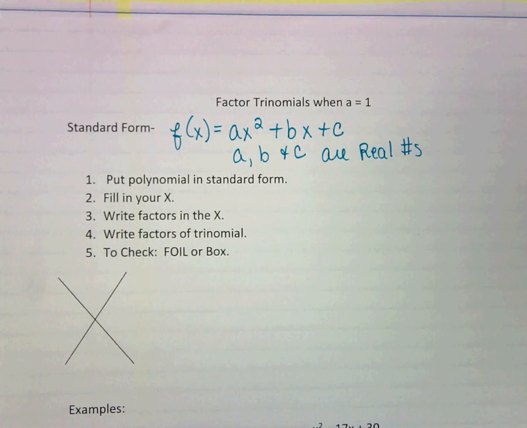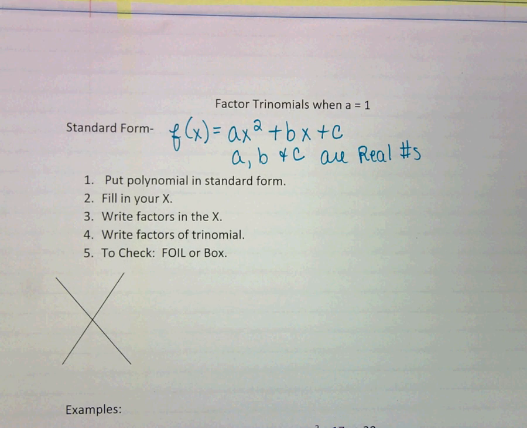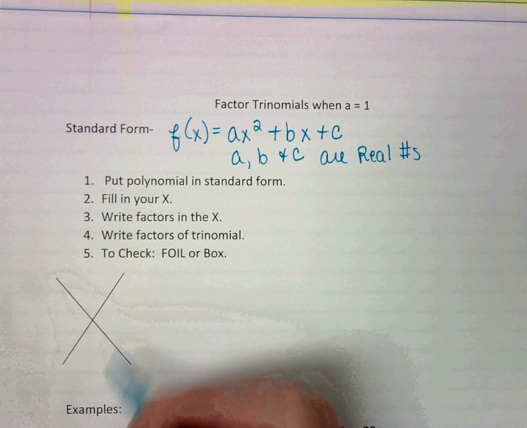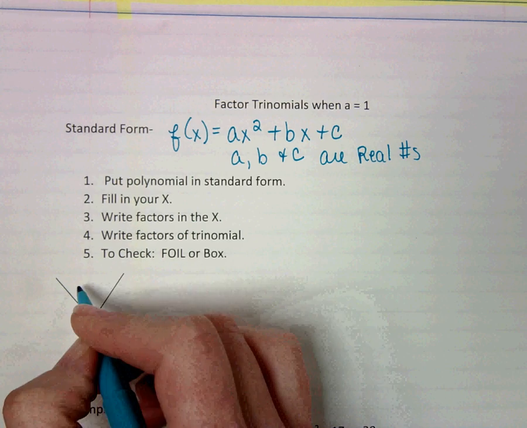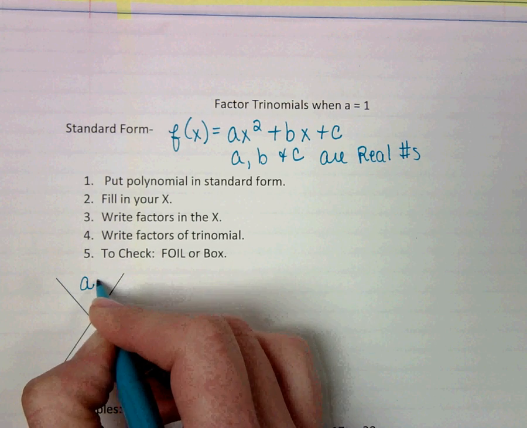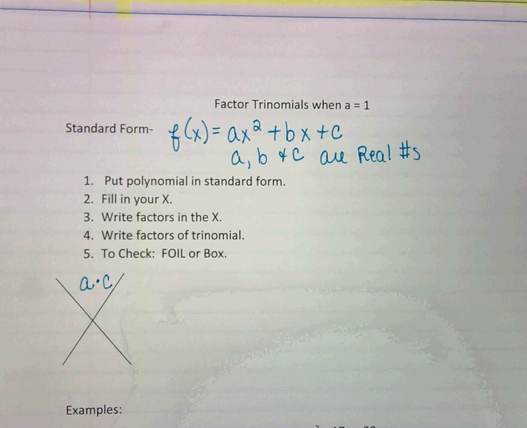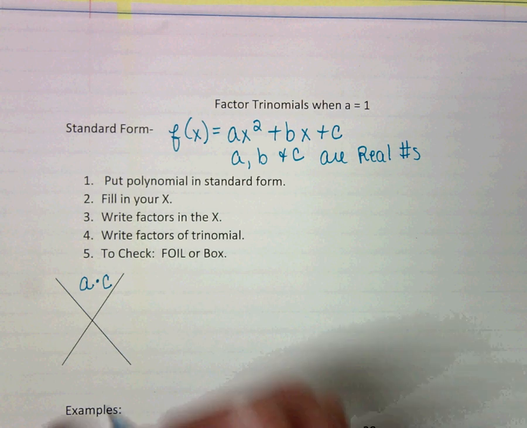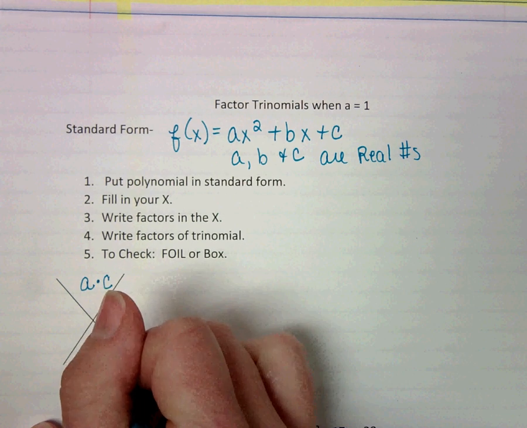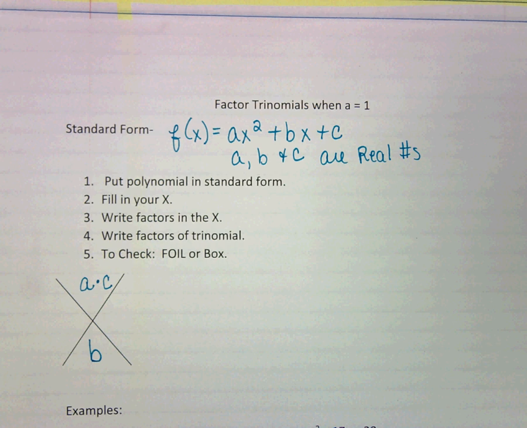Okay, so let's talk about how we set up this x thing that I'm talking about. When you set up the x to help you think, on the top, we're going to put a times the c value. And in the bottom of our x, we're going to put our b value.